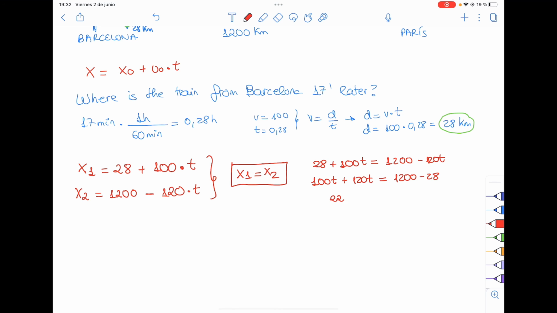All of this is 220t equals 1,172. And now to leave the t alone, I have to pass 220 dividing. So this is 5.3 hours. So this is how long it's going to take the two trains to meet.